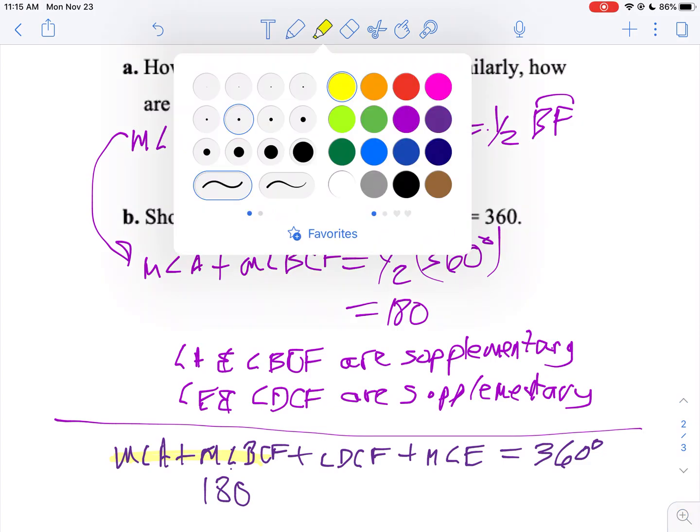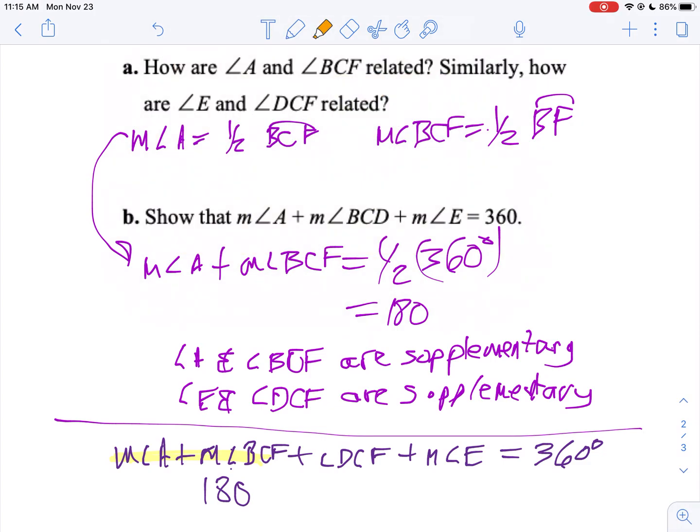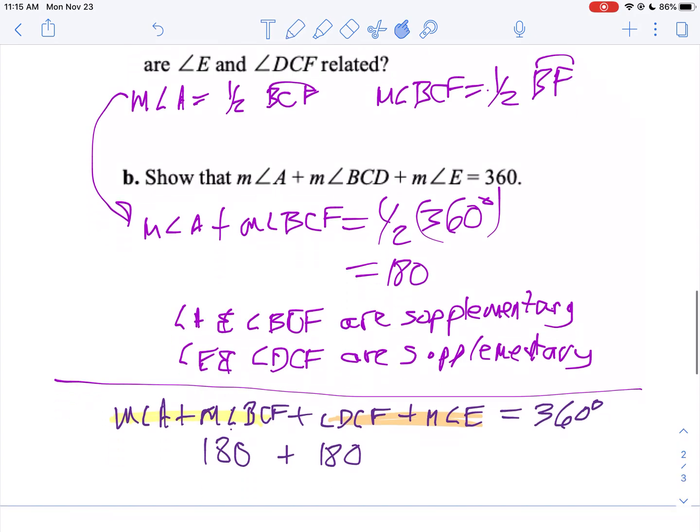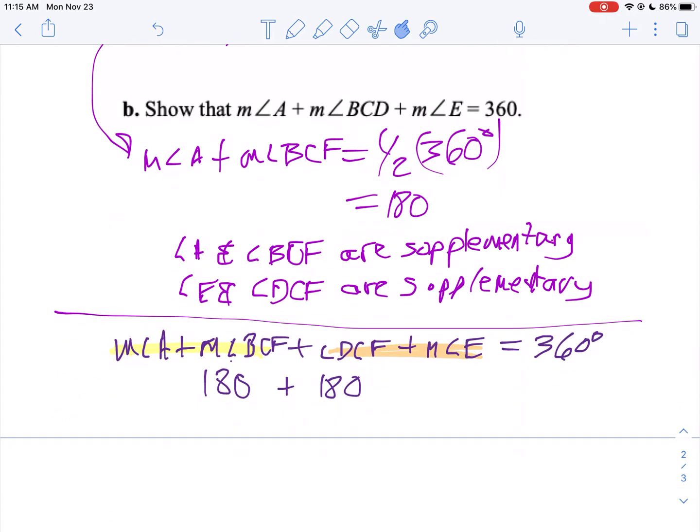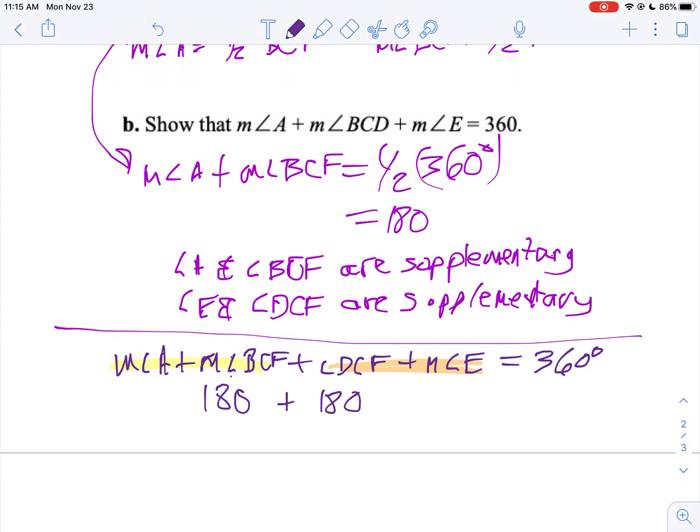We also know from the second part of part A, angle DCF and angle E add to 180. 180 plus 180, well, there we go. We just did our proof, equals 360. There's your proof without two columns. It's kind of a show your work type of proof.